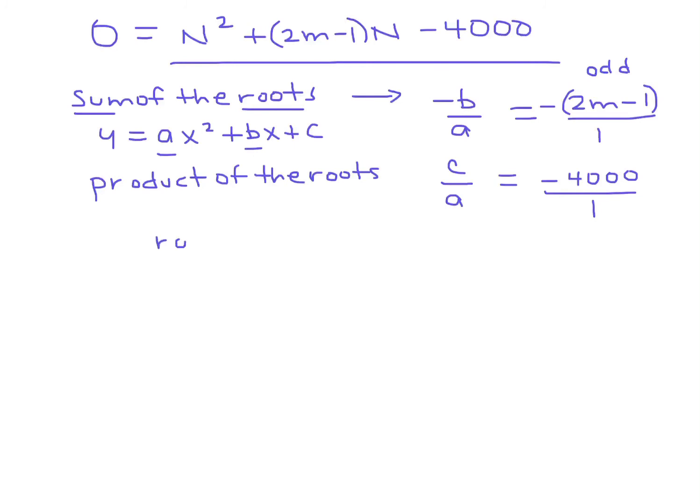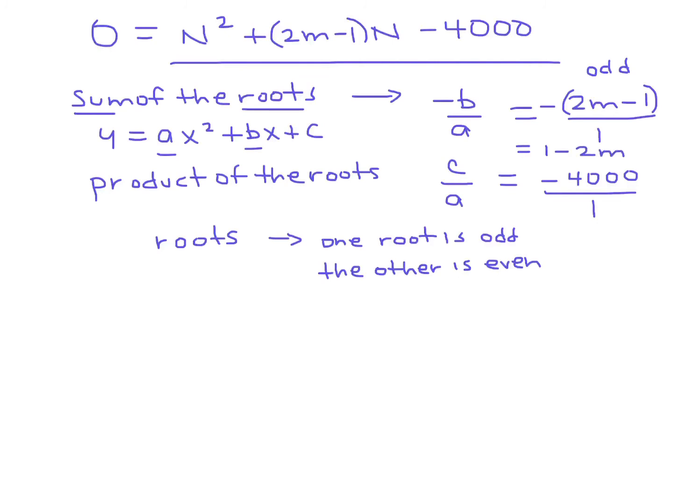So that means that the roots, if you add two numbers and they're odd, one root is odd and the other root is even. That's the only way that you can have the sum odd. Okay? And I'll simplify this. This will be what? 1 minus 2m. Like that.